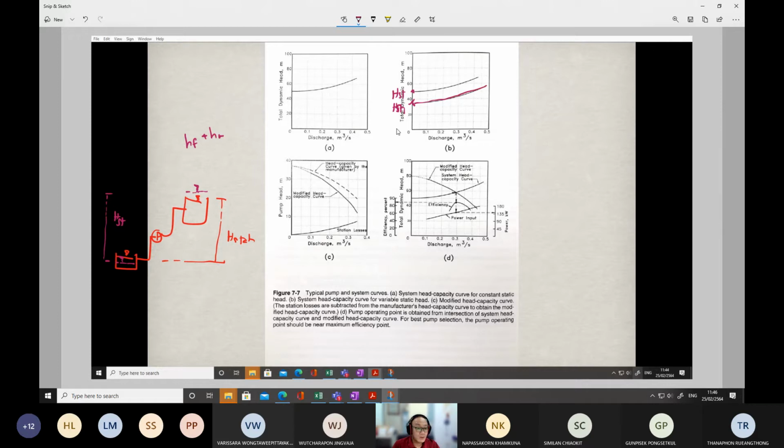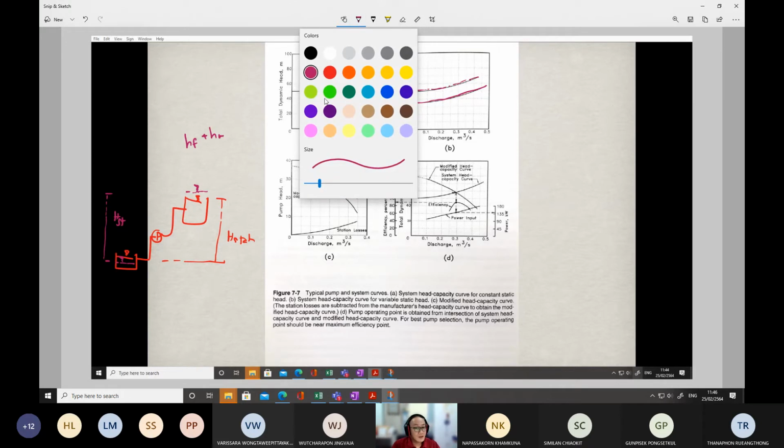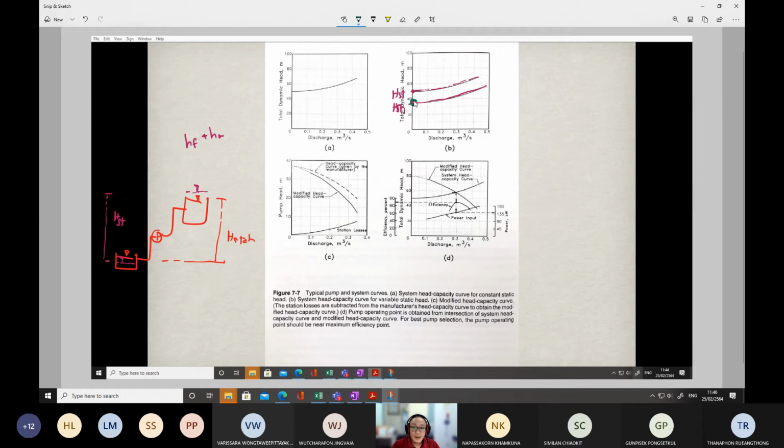Combined with the initial static head, you get this line. Combined with the static head at the end, you get this line. So the system starts from this line and ends at this line, so the TDH varies between these two parallel lines.